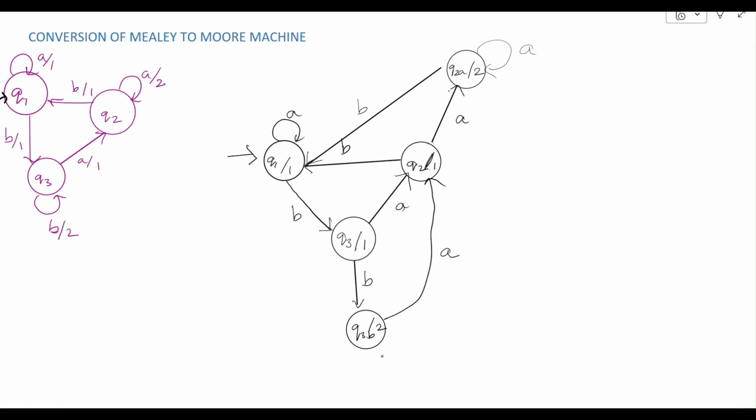On taking B as input, it will move to the same state, that is Q3B itself, and it will produce the output as 2.